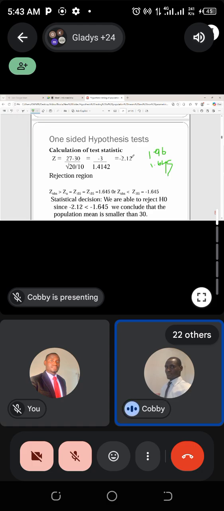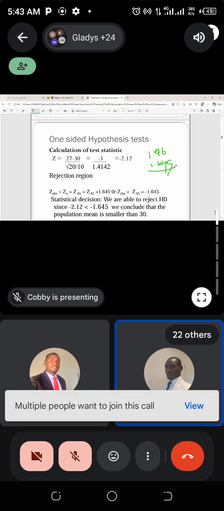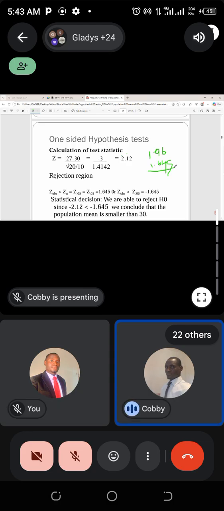So this value that we found, we have to compare it with 1.645. Okay, so when we look at this value, you draw the same line. We can have negative 1.645 and positive 1.645.